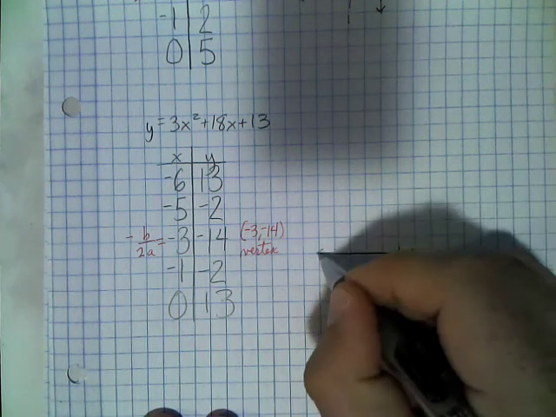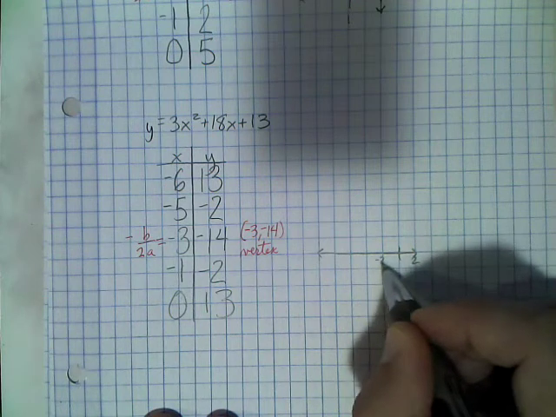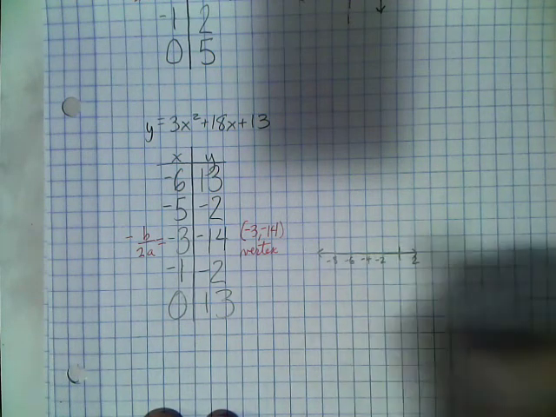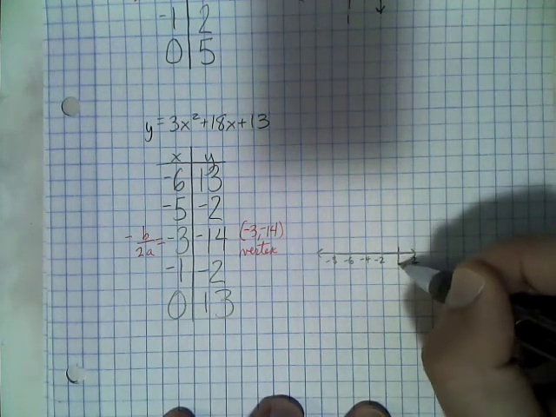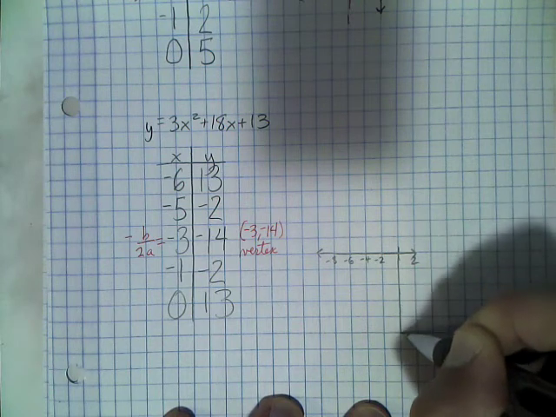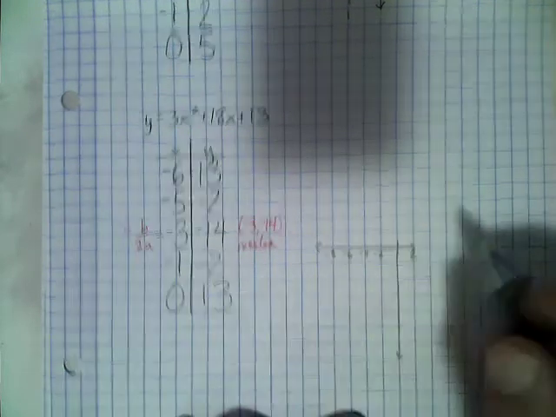So I've got positive 2, -2, -4, -6, -8. And so going down, I've got to go to -2, 4, 6, 8, 10, 12, 13. I've got to go at least that far down.